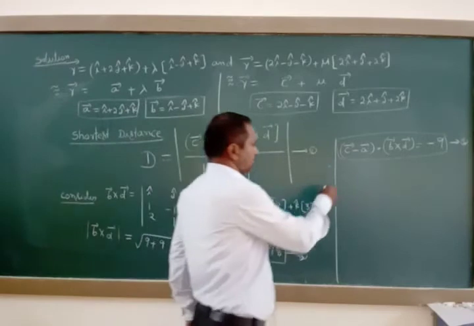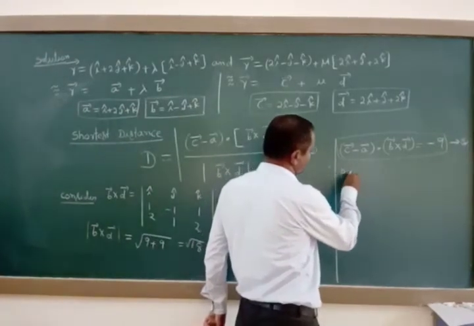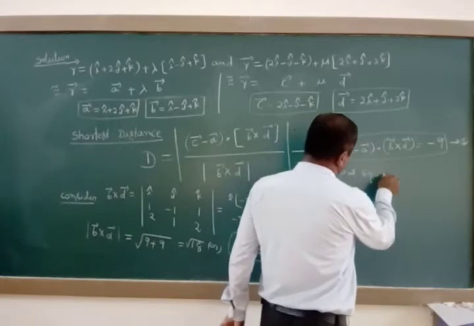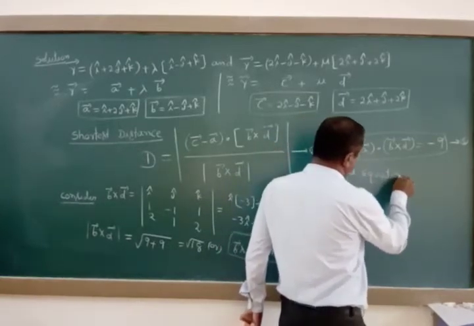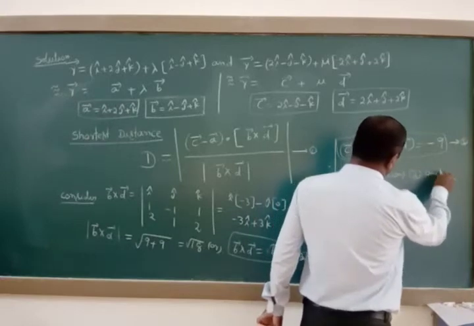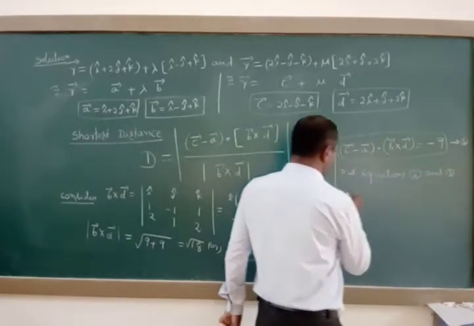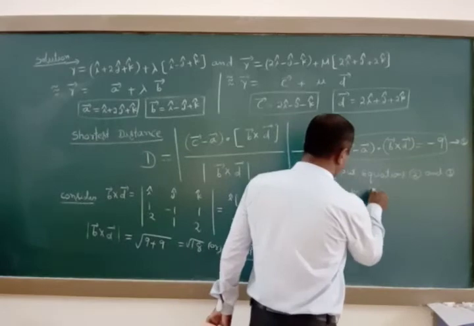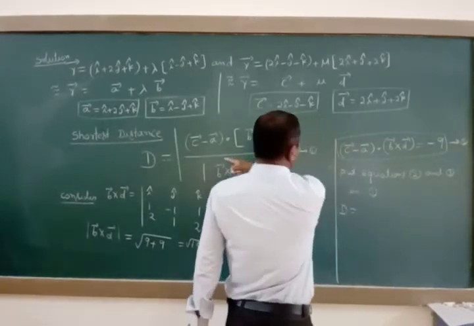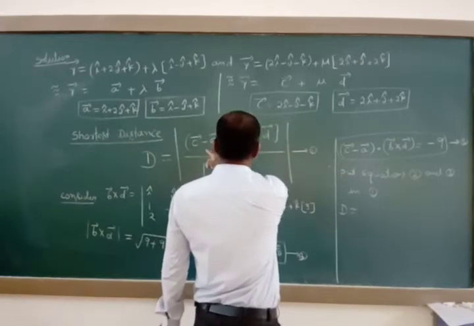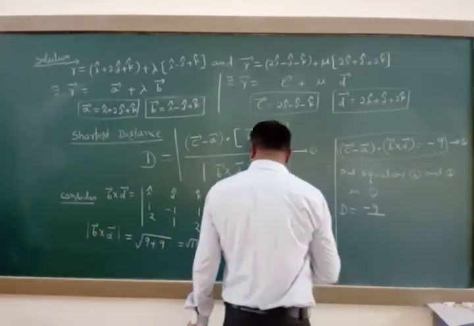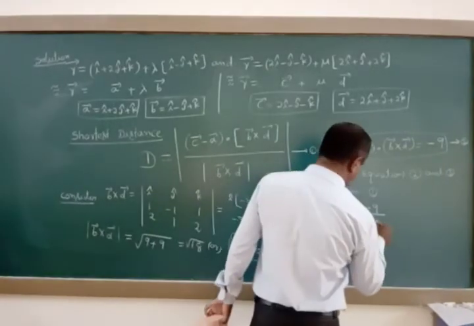Put equations 2 and 3 in equation 1, that is d is equal to, from equation 2 we have this value minus 9, from equation 3 we have root 18.